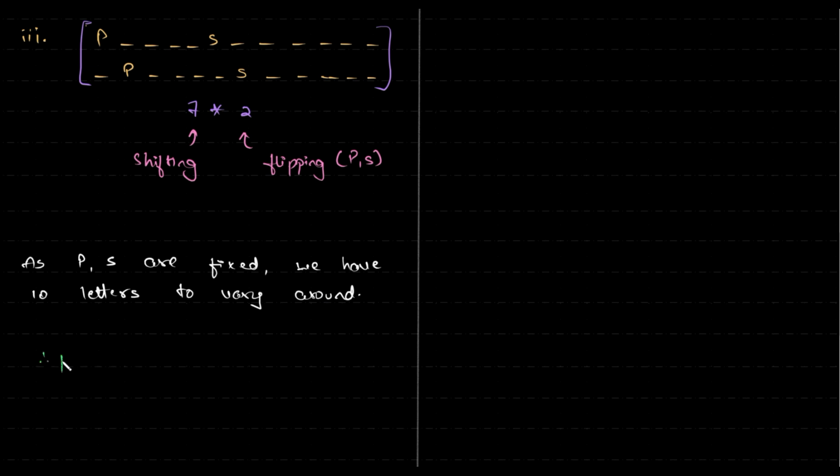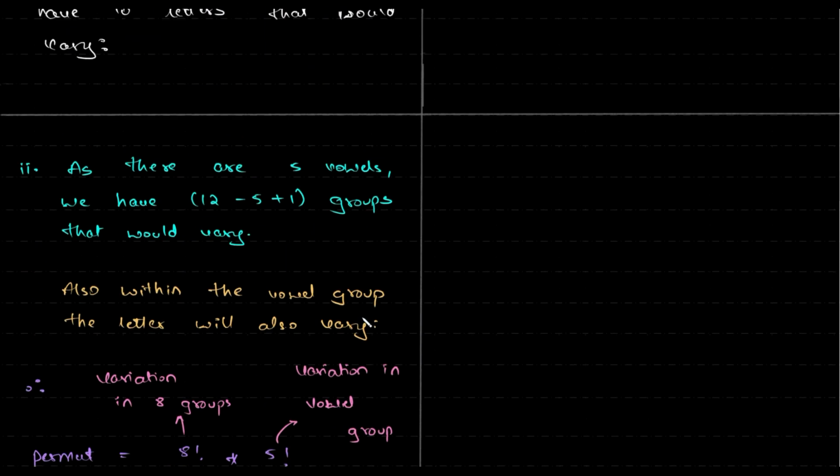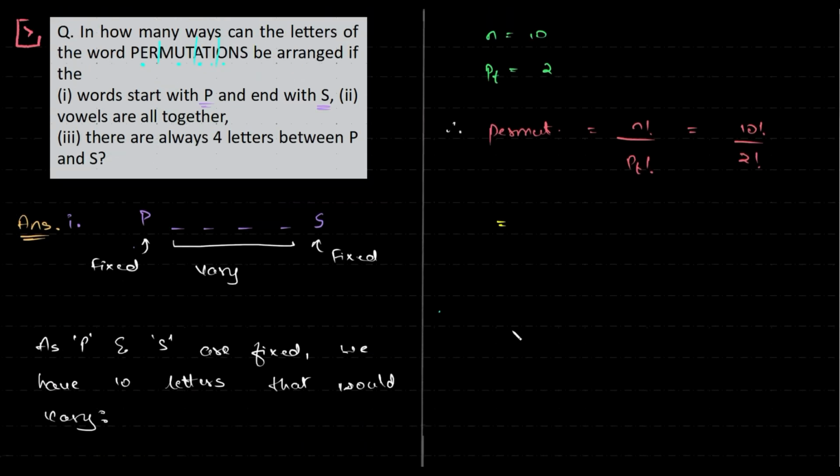So therefore the permutation is 10 factorial divided by 2 factorial into 7 into 2. Okay, does it make sense? So 7 into 2 is with regard to the positions of P and S, 10 factorial is because 10 letters are there, and 2 factorial is because there are two T's. So again, this calculation I'll do with the calculator, and let me take a second and do this.